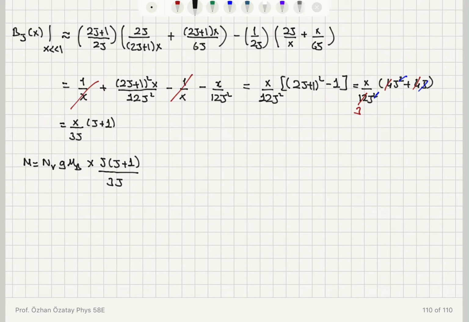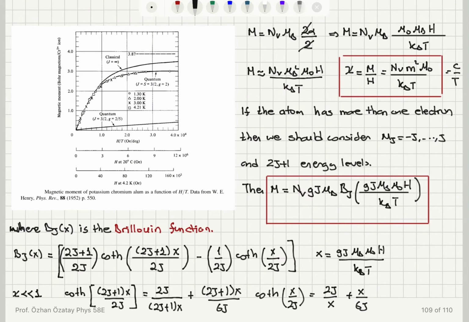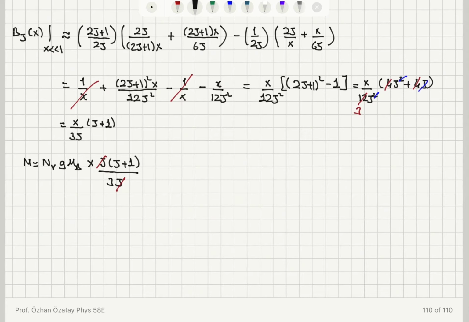So this J will disappear. And then for x, I'm going to substitute g_J mu 0 mu_B H over kBT.